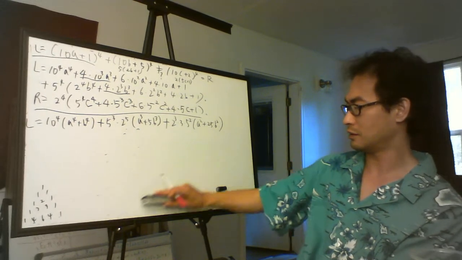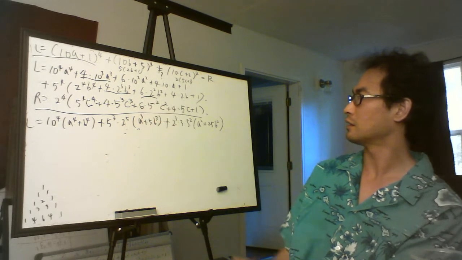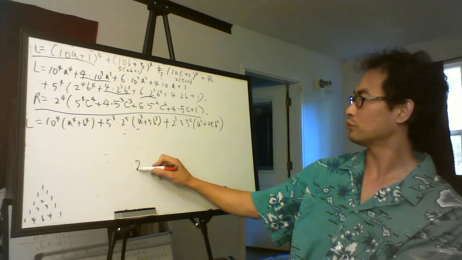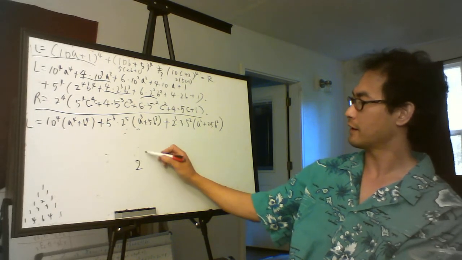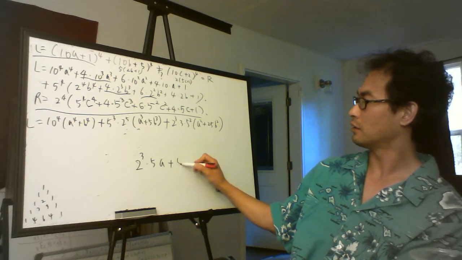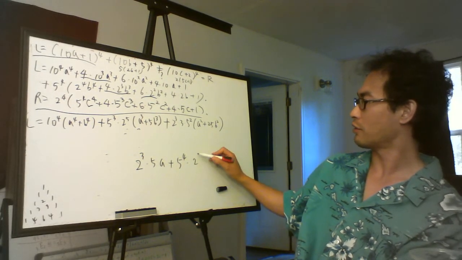Okay, so that's this guy. How about the other guy? Okay, so you have 2 to the third times 5a plus 5 to the fifth times 2 to the third b.